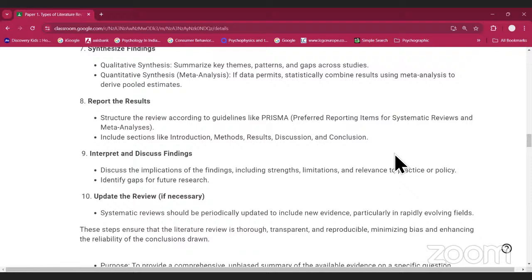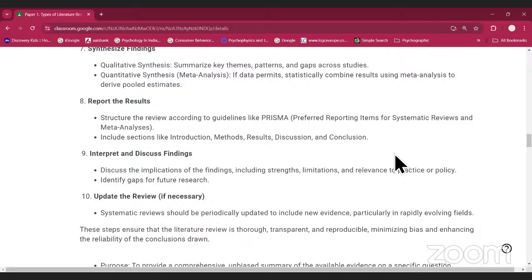Systematic reviews should be periodically updated to include new evidence, particularly in rapidly evolving fields. This step ensures that the literature review is thorough, transparent, and reproducible, minimizing bias and enhancing the reliability of the conclusion drawn.